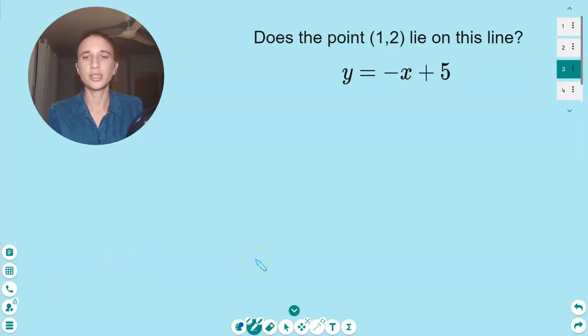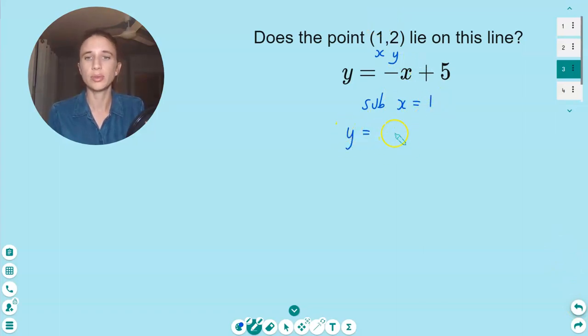What about this question? Does the point 1, 2 lie on this line? Okay, let's do it. I'm just going to label straight away underneath when we're given a pair of coordinates X, Y. Now I'm going to substitute in X and try and churn out a Y value of 2. So sub X equals 1 into the equation above.